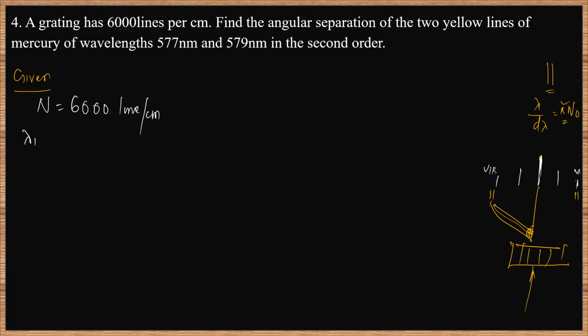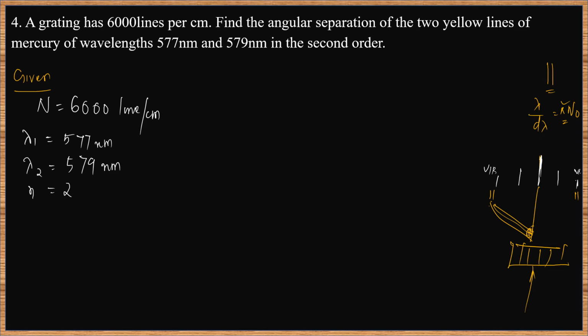Lambda 1 is equal to 577 nanometer, and lambda 2 is equal to 579 nanometer, and this is the second order. These are the things given here, right? So we can write the equation for that.